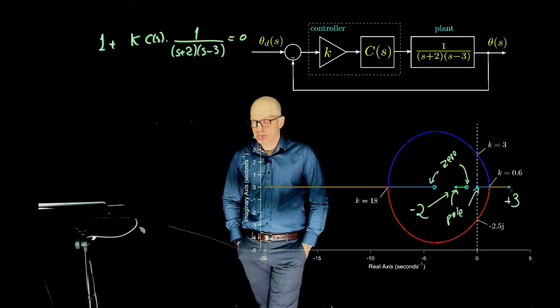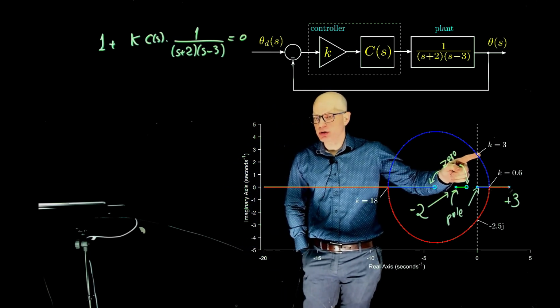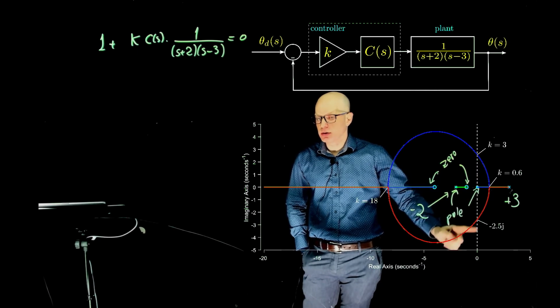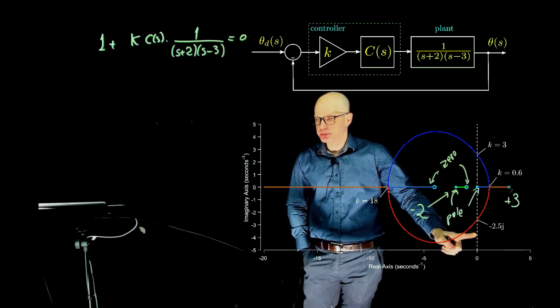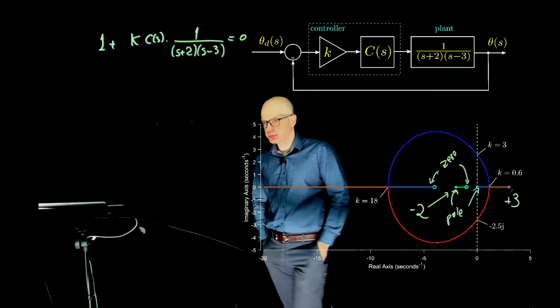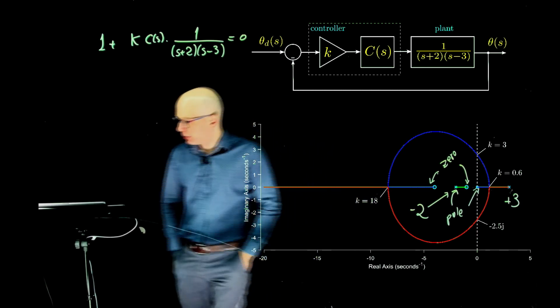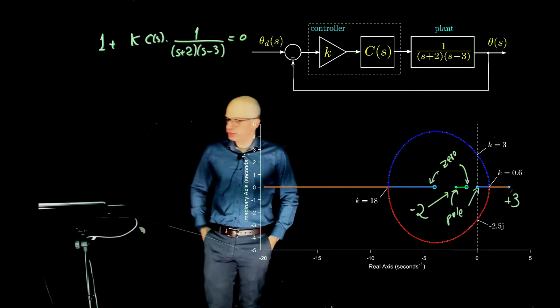I want to say true. For k equals 3, we are on the imaginary axis right here. We have an undamped system, and this happens indeed when zeta is 0. Right, that's true.